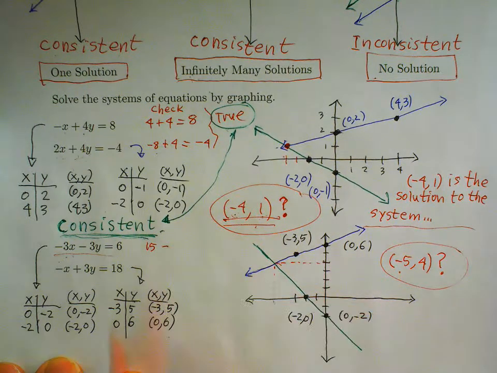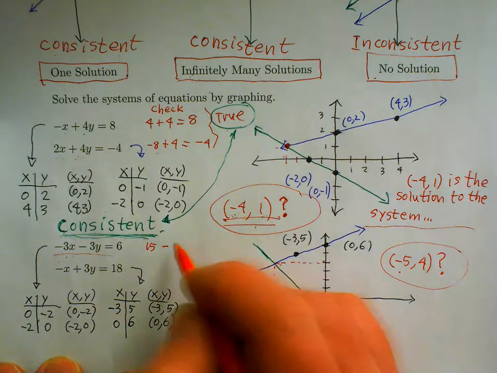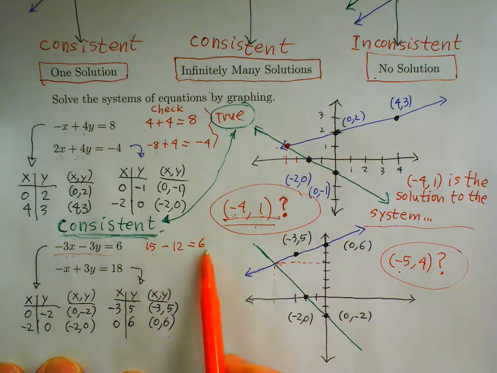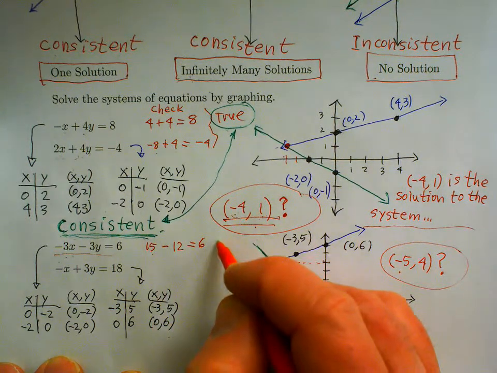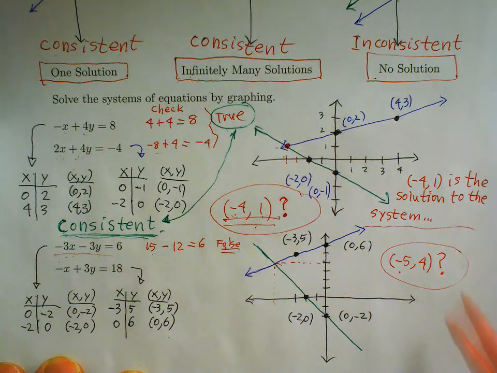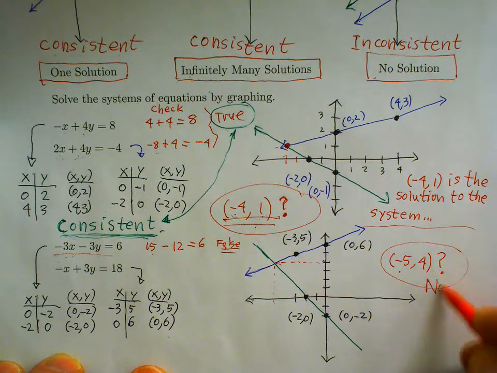And then minus 3 times 4 is 12. 15 minus 12 equals 6. That's false. So that's not the ordered pair of the solution.